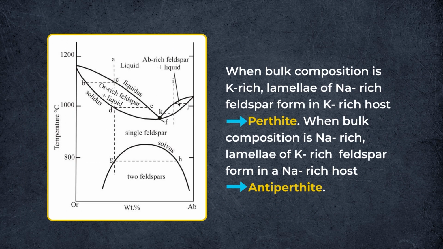When the bulk composition is K-rich, lamellae of Na-rich feldspar form in a K-rich host, and you get the formation of perthite. When the bulk composition is Na-rich and lamellae of K-rich feldspar form in a Na-rich host, the texture is called antiperthite, and I tried to show you this with the help of two subsolvus curves in my diagram here.